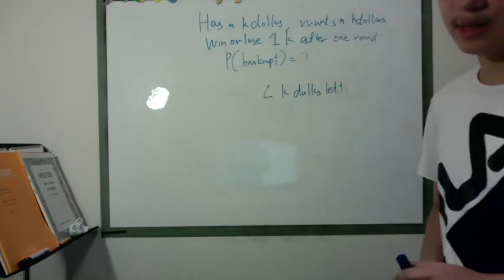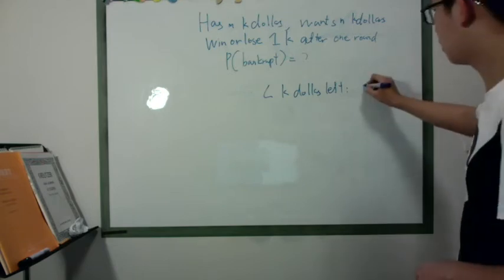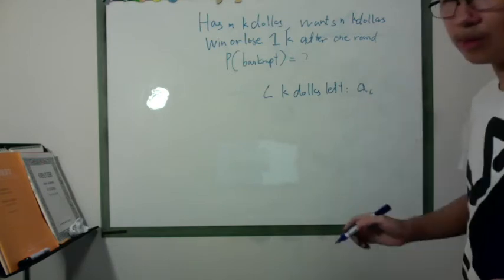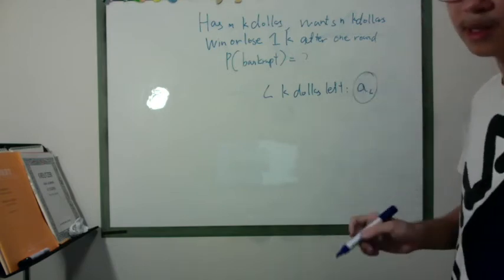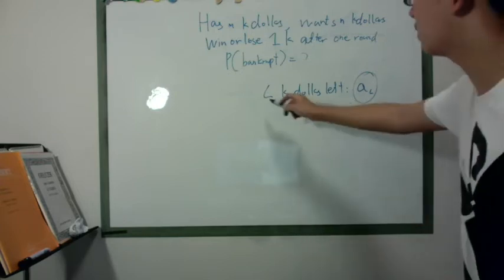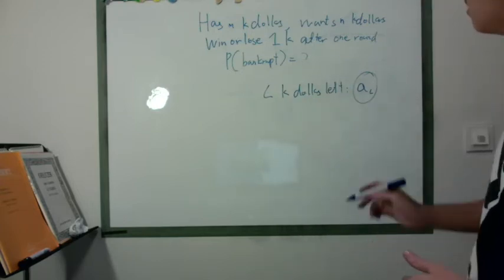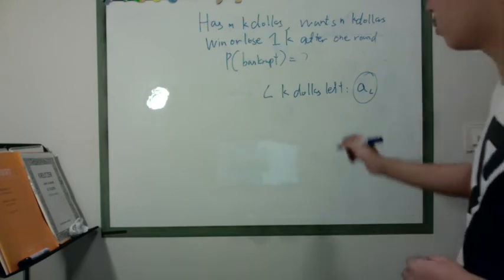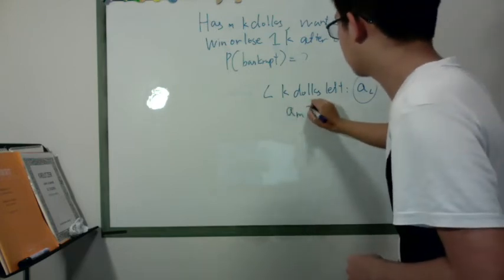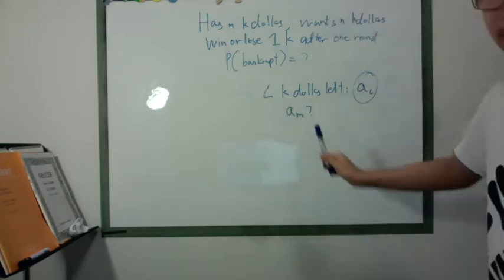So at this state, let's define a variable A_L. This is the probability of him going bankrupt if he has $L. So what we want to find is what A_M is. So this is what we want to find.